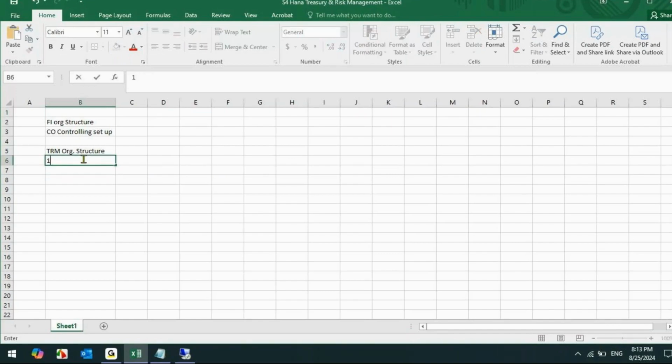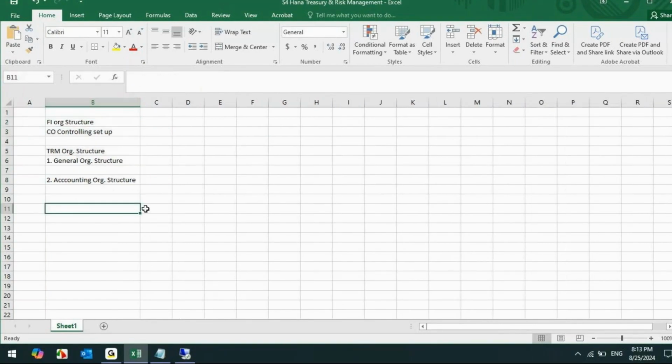One would be the general org structure, and another one would be the accounting org structure.